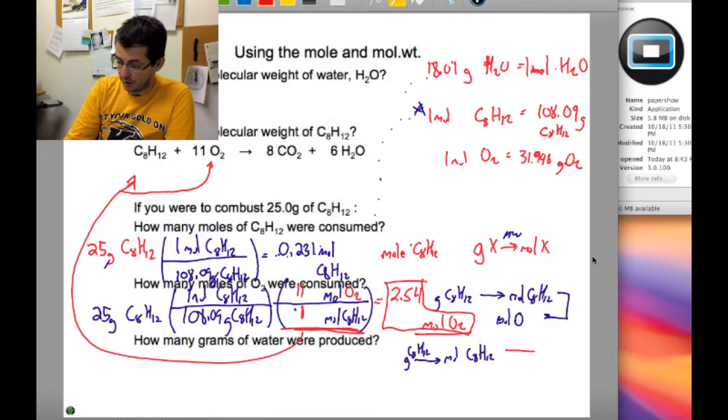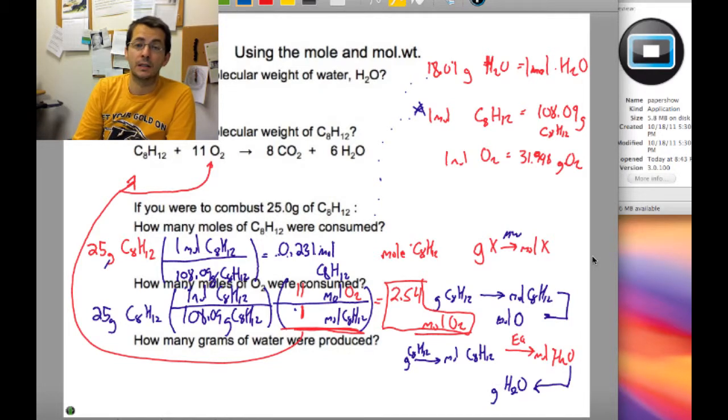And then we use our equation to relate C8H12 to moles of water. We use our moles of H2O to relate to the grams of H2O using the molecular weight of water. So molecular weight calculations, equation, and then the stoichiometry.